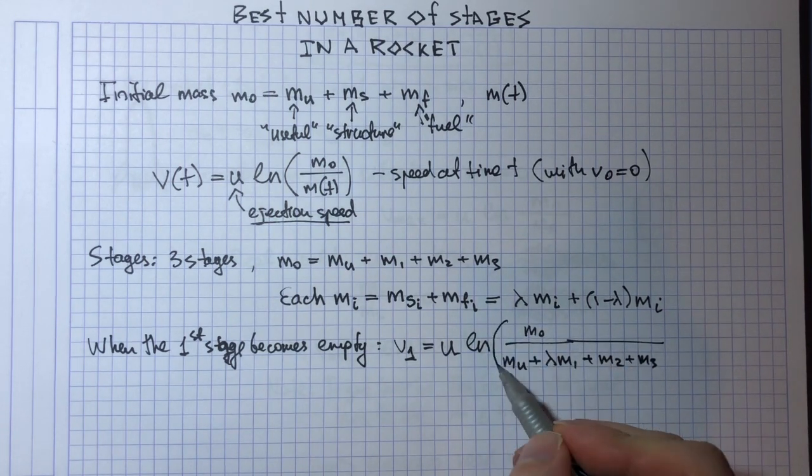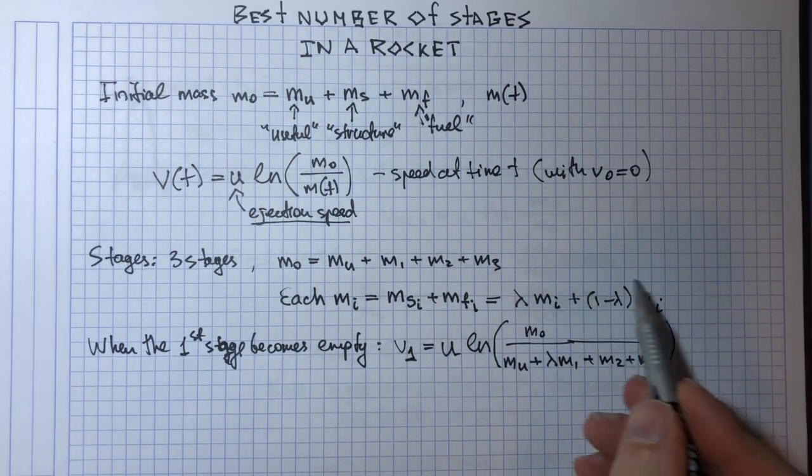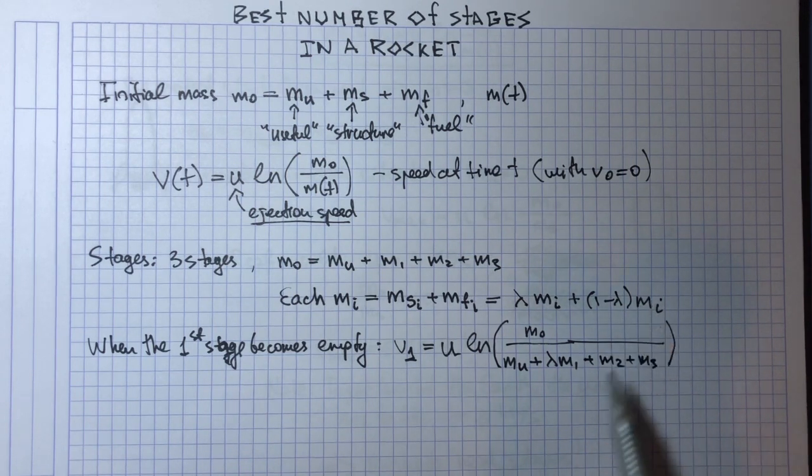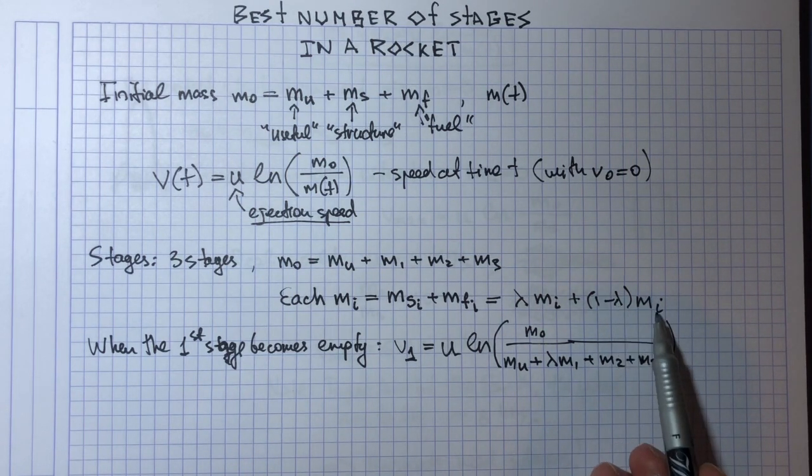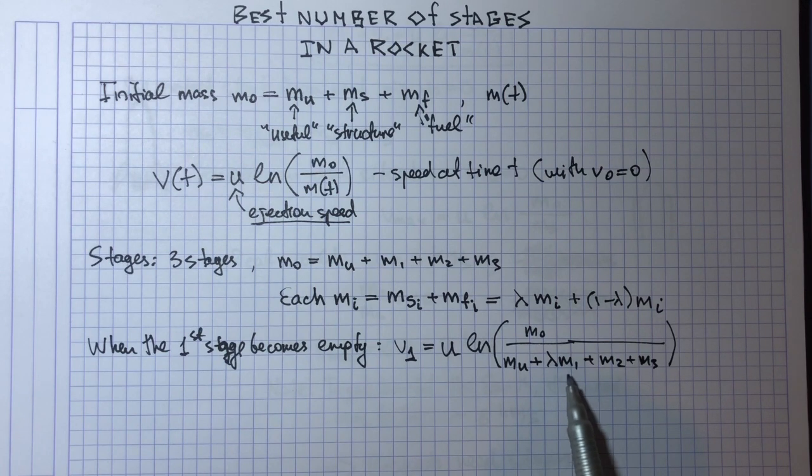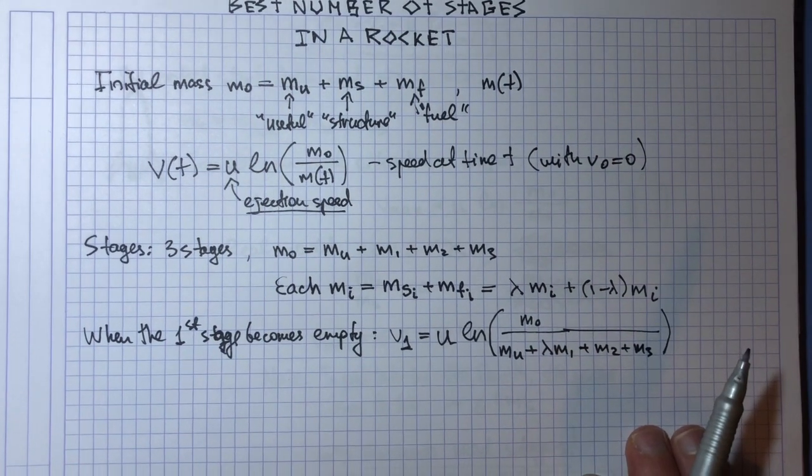Because the only mass that we have lost is the fuel mass of the first stage, which is 1 minus lambda m1. So this will not take part in this equation.